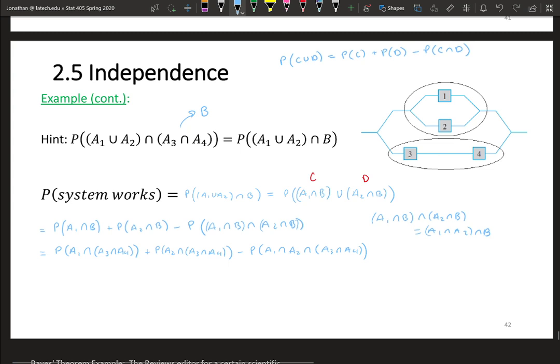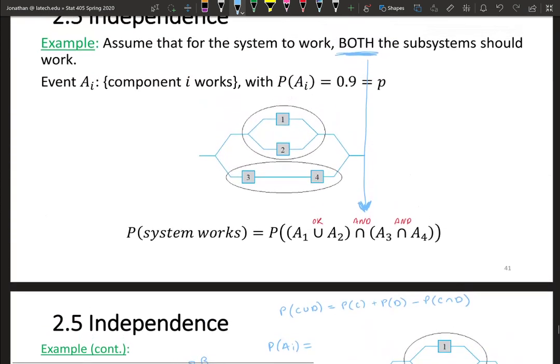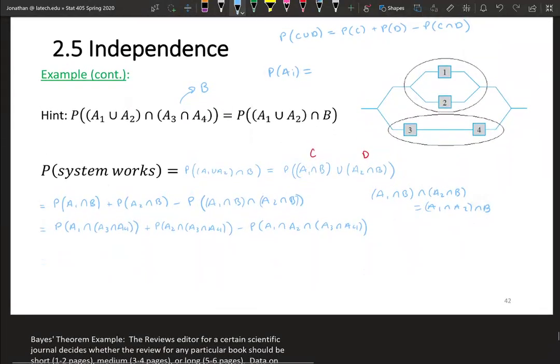Now, these are all independent events, and it said that the probability of Ai is equal to, let's see, 0.9 for all i, and the components are independent. So if the components are independent, then we can just multiply the individual probabilities together.